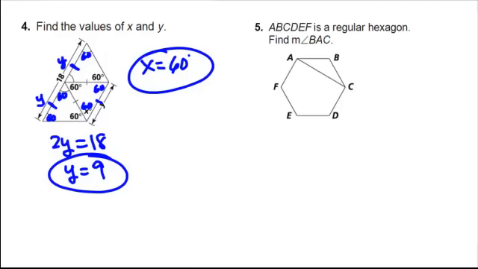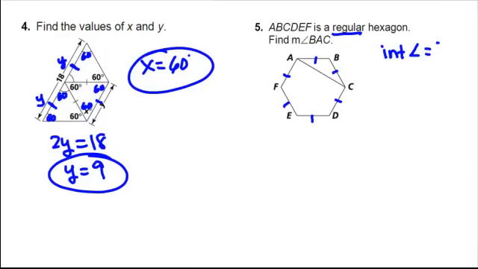ABCDEF is a regular hexagon. Regular means all the sides are equal and all the angles are equal. What I would like for you to do is find out what all the interior angles of a regular hexagon are equal to. 6 take away 2 is 4 times 180.